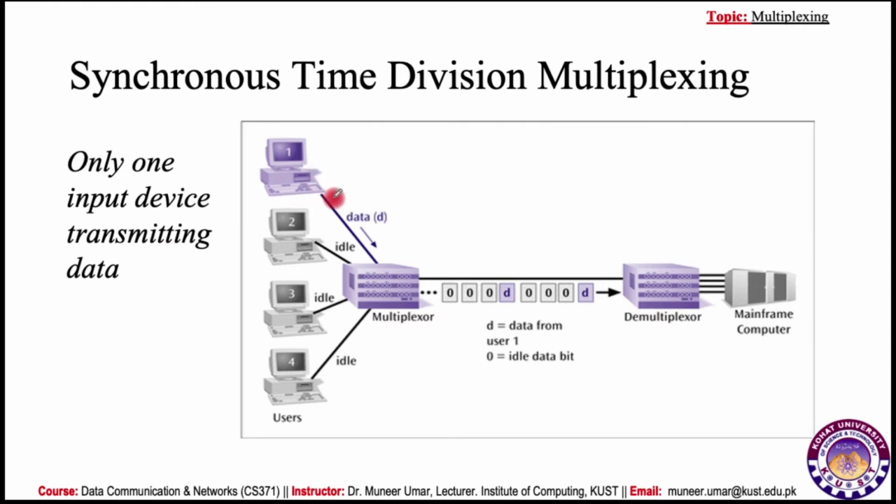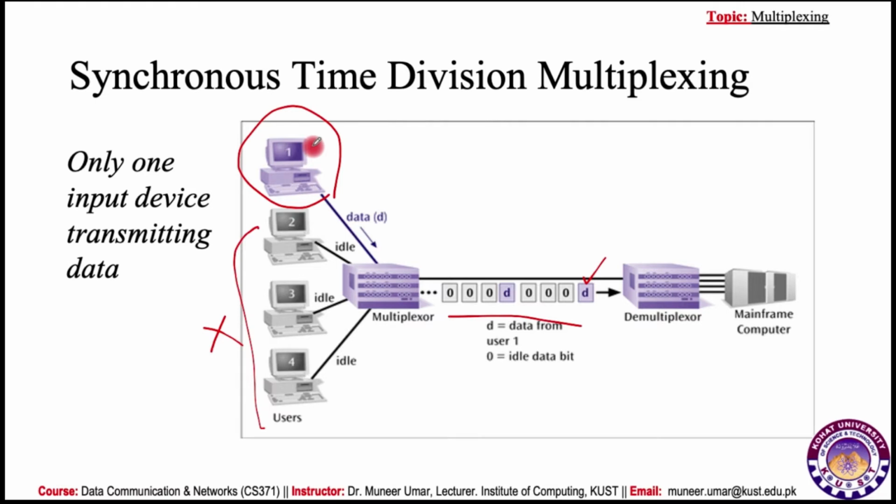Here, this device is active, the rest of three are not active. So what happens, for each device there's a time, and if we look into the data, first block is okay in this time slot.